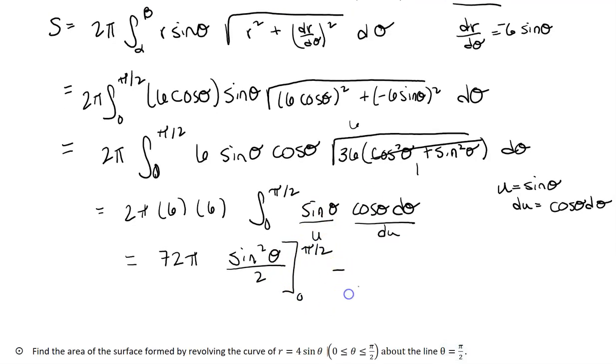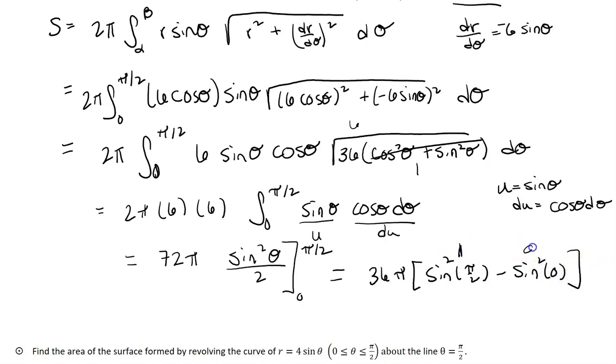So that gives me 6 pi times sine of pi over 2 squared minus sine of 0 squared. And this is 1 and this is 0. So we get 6 pi. This is area, so that'll be units squared.